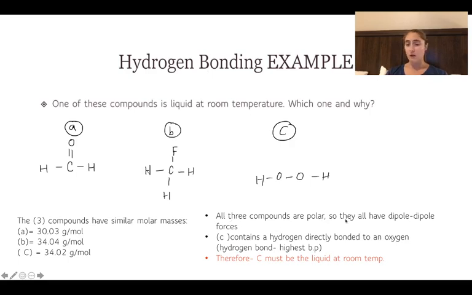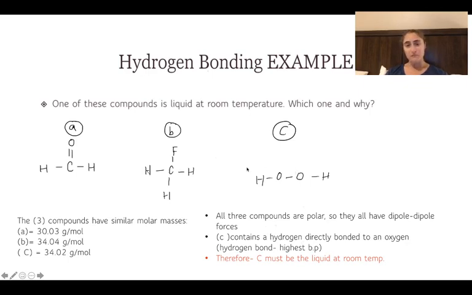All three of these compounds are polar, so they all have dipole-dipole forces, which means they all have London dispersion forces, and they all have similar molar masses. So right now there's nothing we can really use to differentiate these. Now, letter C, this is actually hydrogen peroxide, contains a hydrogen directly bonded to an oxygen. And this creates this hydrogen bond.